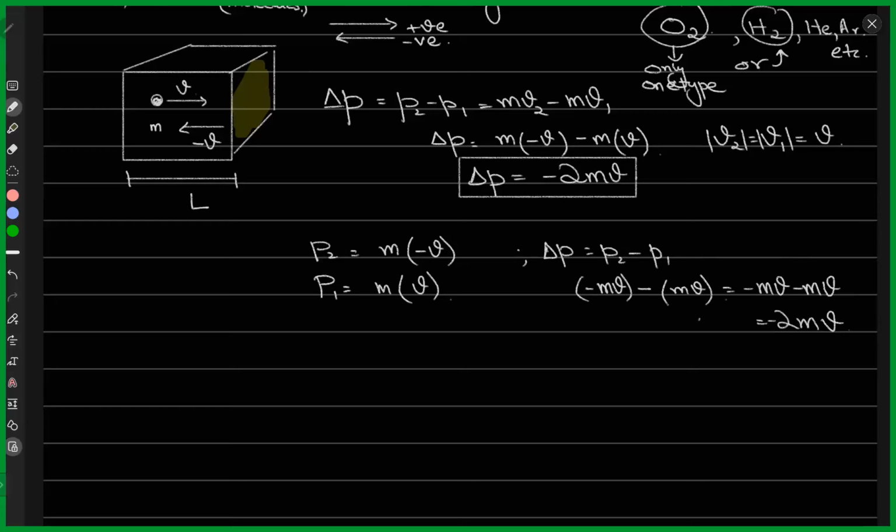And that's the change in momentum, delta P, which is P2 minus P1, right? So is that clear now? Yes, sir. Okay, perfect. Good. All right, so we have established that the change in momentum is minus 2mv.